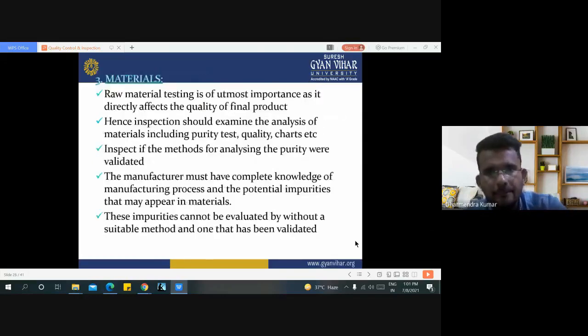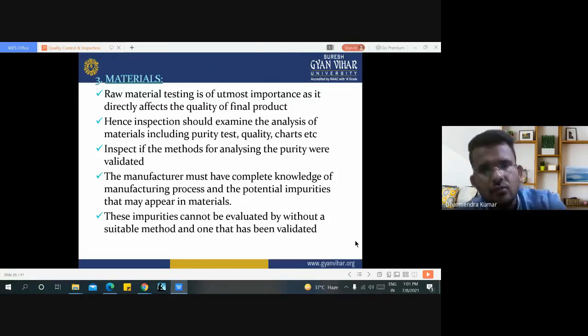Here are the materials requirement or inspection of raw material requirement. This is the third M. Raw material testing is of utmost importance as it directly affects the quality of the final product, because our final product is finally made from raw material, and if the quality of raw material is poor, then surely it will result in bad quality of finished goods also.